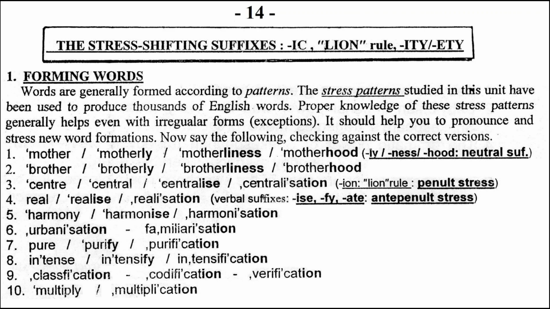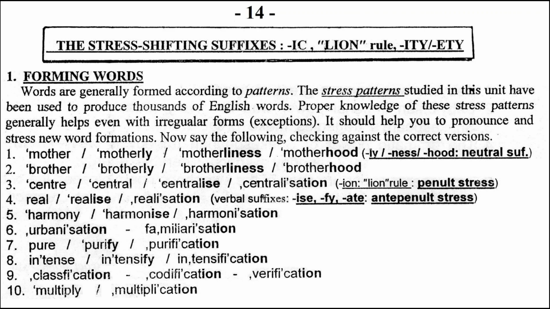We carry on. Number 4, we have the word real, which is the root. And then we have realize. The stress is on real, okay? The next word is realization. Here the ION, as we said previously, is a line rule, and it is a stress shifting suffix, so the stress is on the penult.